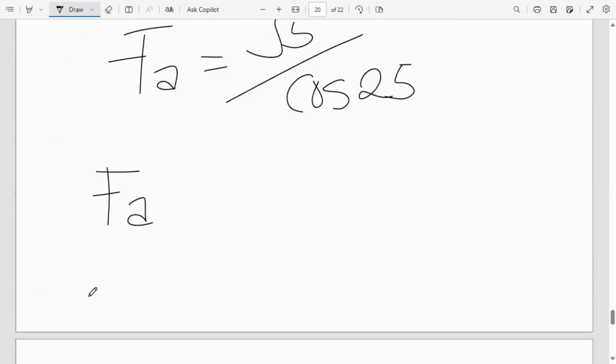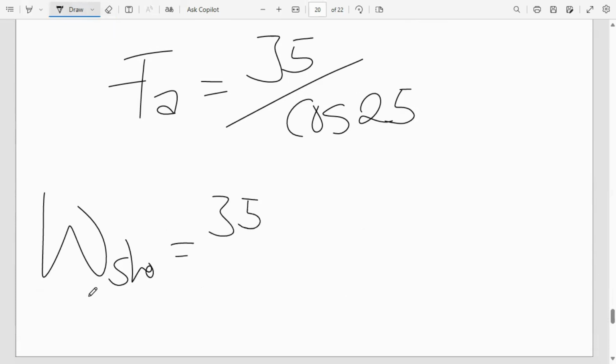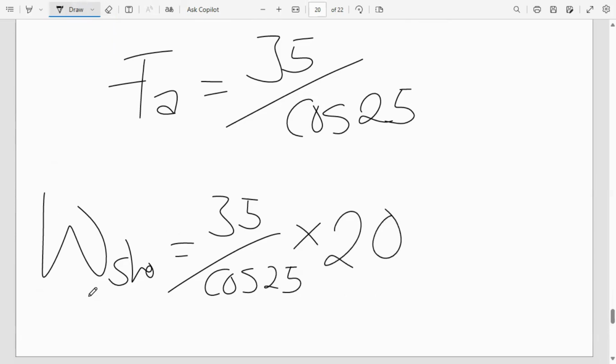Okay, work done by the shopper. Work done by the shopper is equal to what? The force applied. What is the applied force? It is this one, 35 over cos 25, multiplied by the distance, which is 20. What is the direction of this force? It is this cos 25.